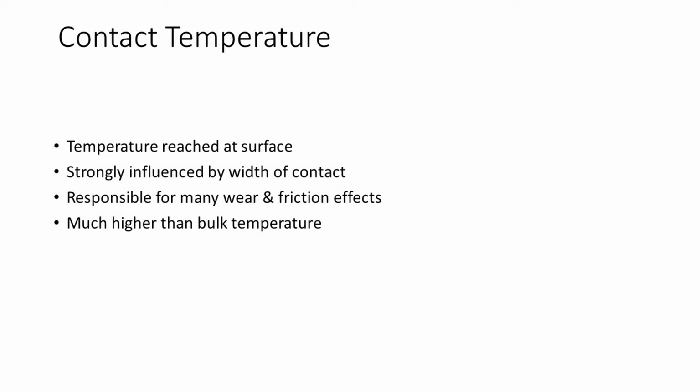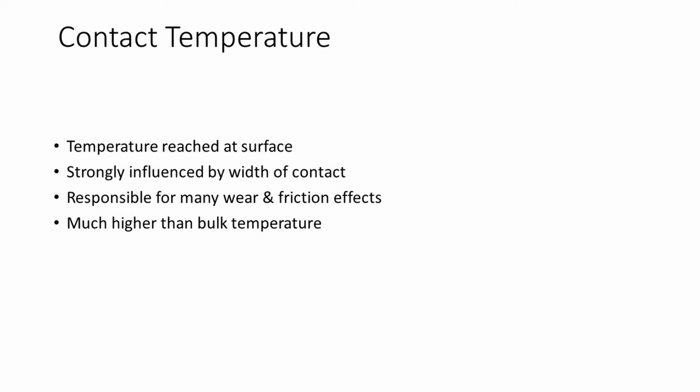Frictional heating within the contact during relative motion is generated at the asperities, and the resulting flash temperatures can rise to several hundred degrees above the bulk temperature of the surrounding material, but they last for only as long as the individual asperities are in contact.